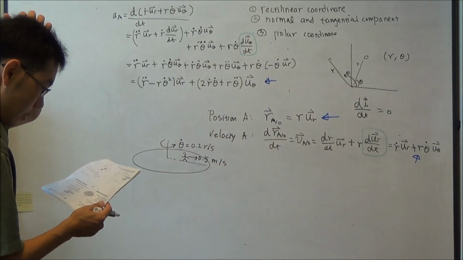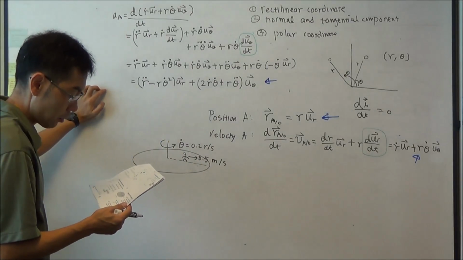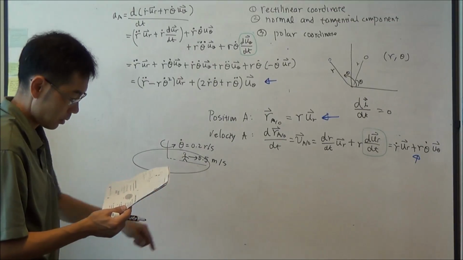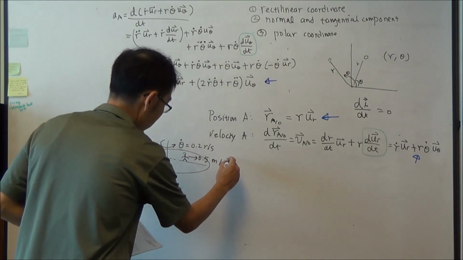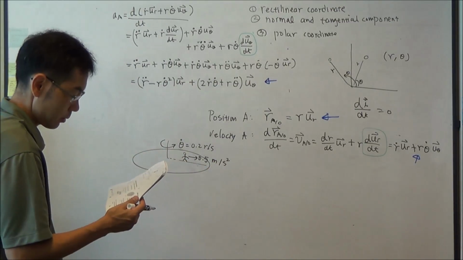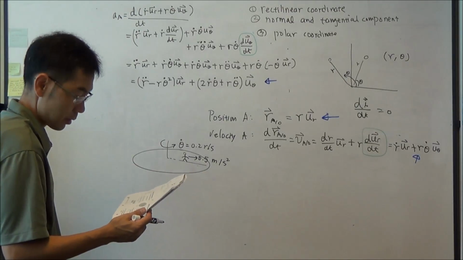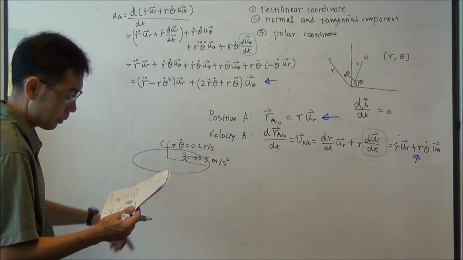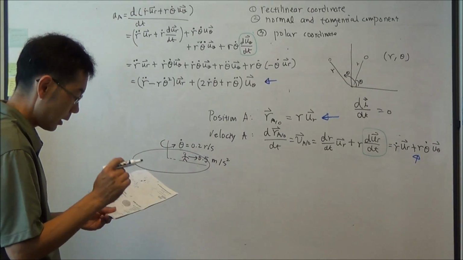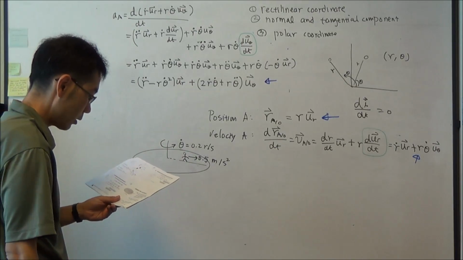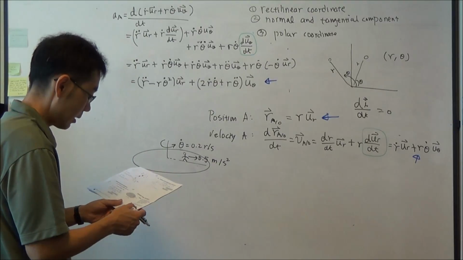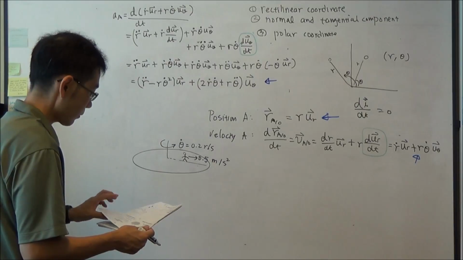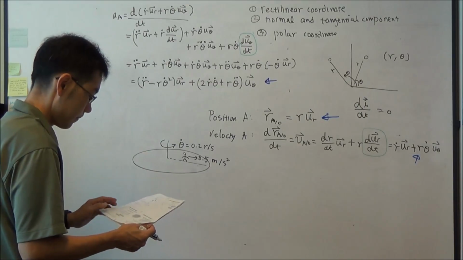So this person runs outward in the radial direction from the center with constant acceleration of 0.5 meter per second squared, and this platform rotates at 0.2 radian per second. So let's try to find the radial and transverse components of velocity and acceleration at time equal to 2. That's the problem.